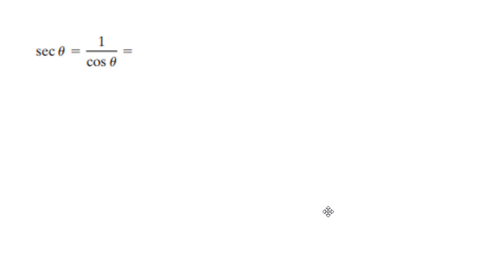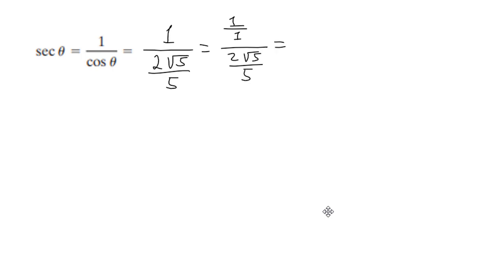Okay, secant of theta is 1 over cosine of theta. And we know this is 1, and cosine of theta is 2 square root of 5 divided by 5. Again, I'm going to rearrange my fraction as 1 over 1 divided by 2 square root of 5 divided by 5, and do the multiplication, this and this, this and this. 1 times 5 is 5 divided by 2 square root of 5.